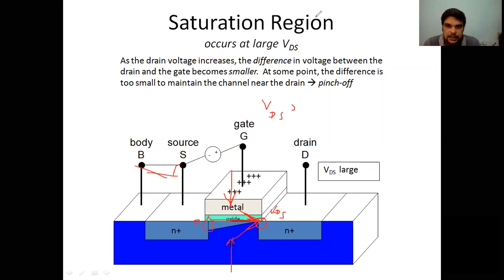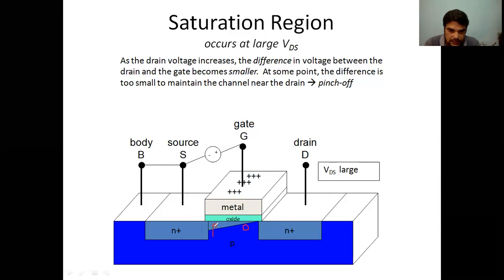So if I consider any two points in the length of the channel, let's say this is one point, this is another point. Obviously here the voltage is low, and here the voltage is high.